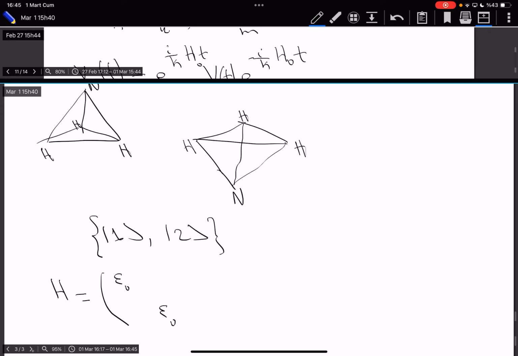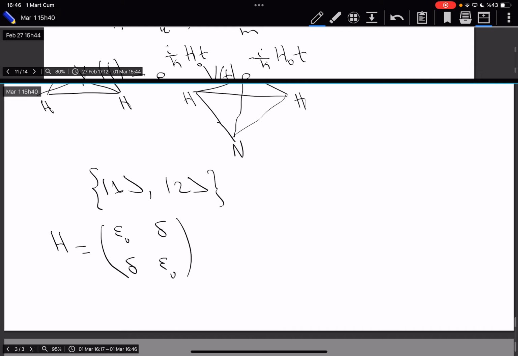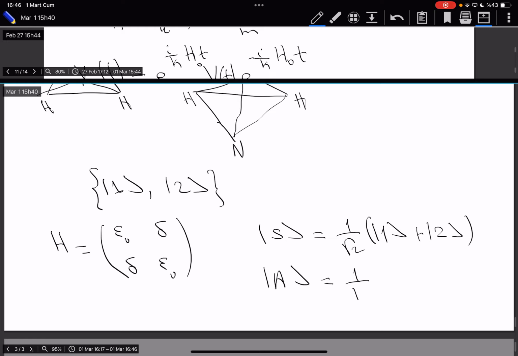There is a finite transition between the two states. You can diagonalize this Hamiltonian by the states, let's say the symmetrical state and the anti-symmetrical state.